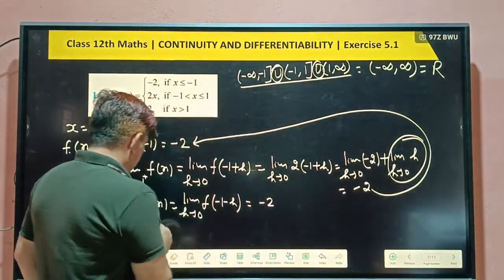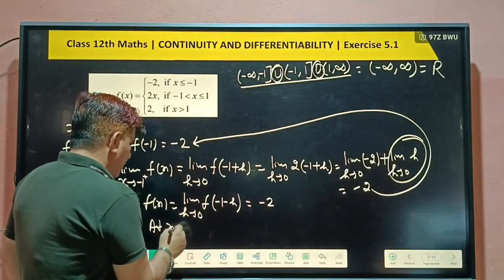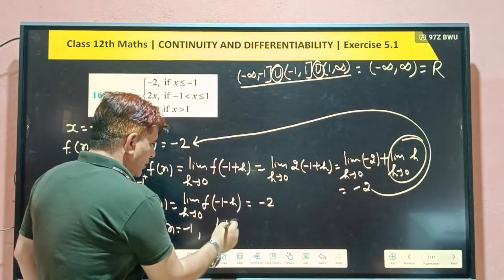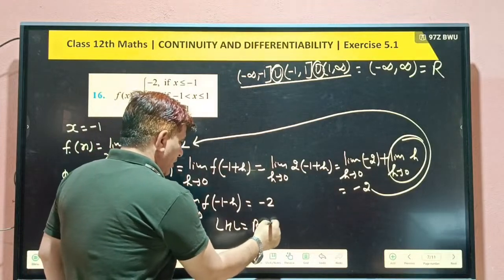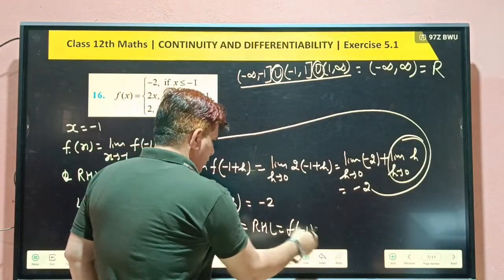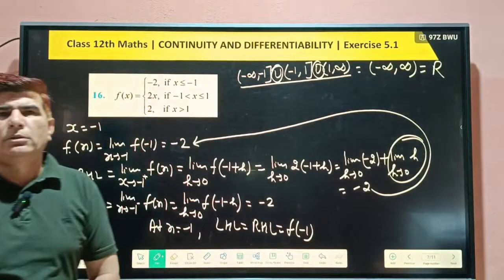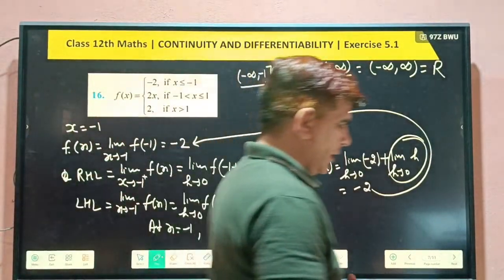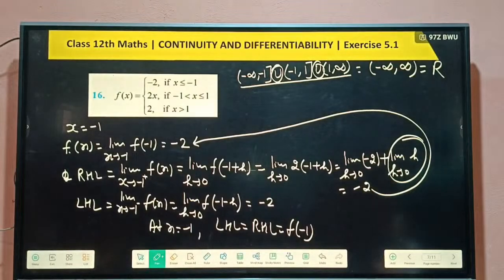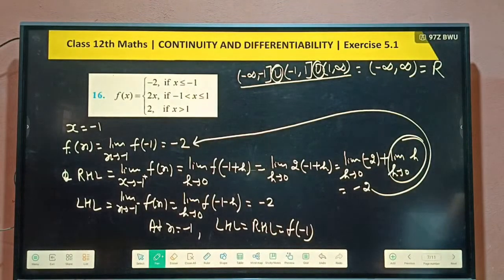So at x equal to minus 1, LHL equals RHL equals f of minus 1. Hence the function is continuous at x equal to minus 1.